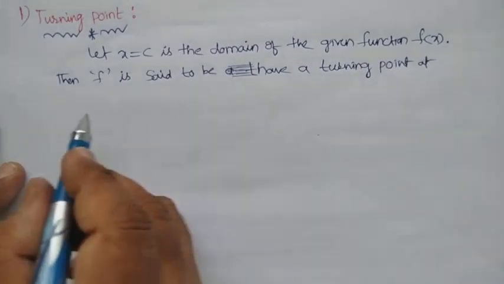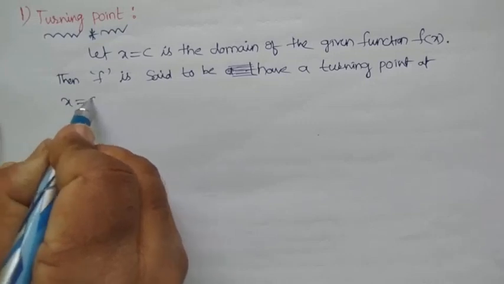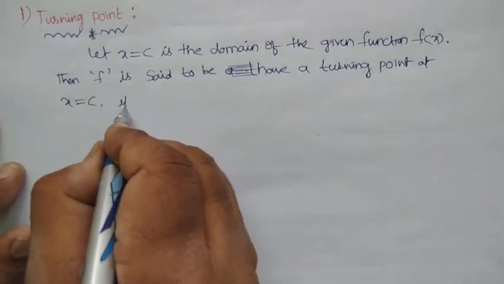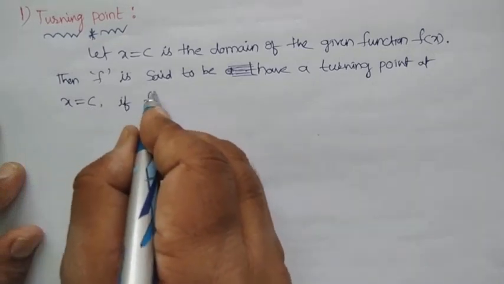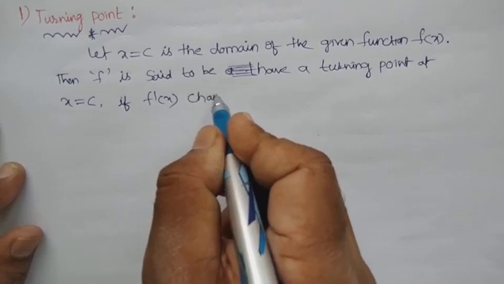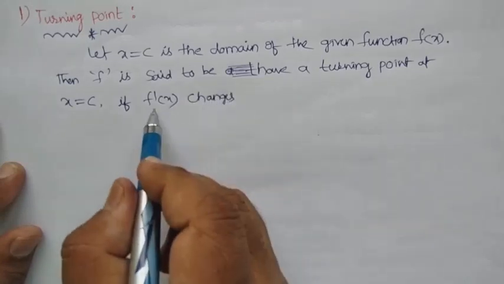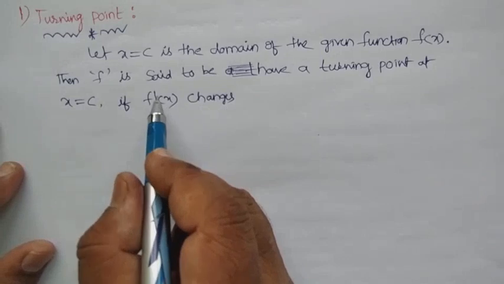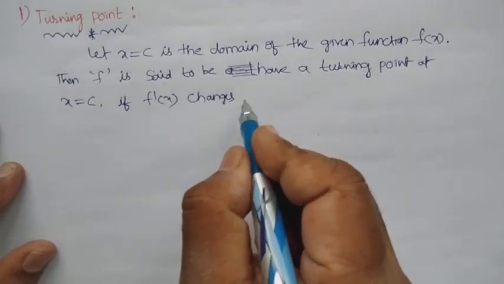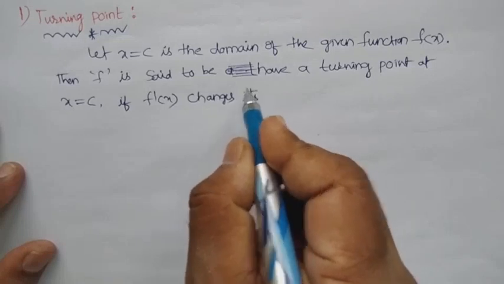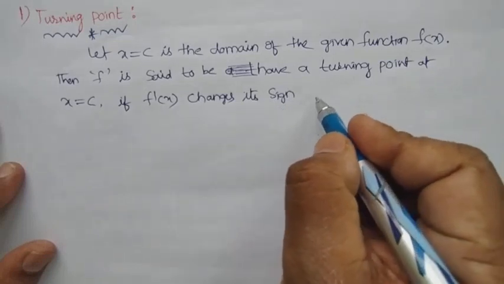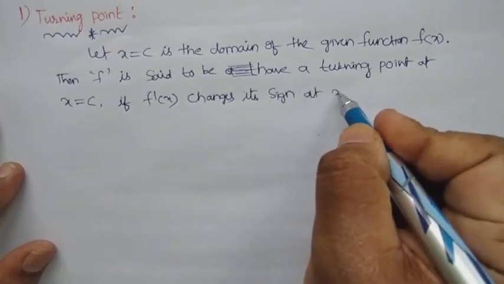at x equals c if f dash of x, the first derivative of the given function f of x, changes its sign at x equals c.